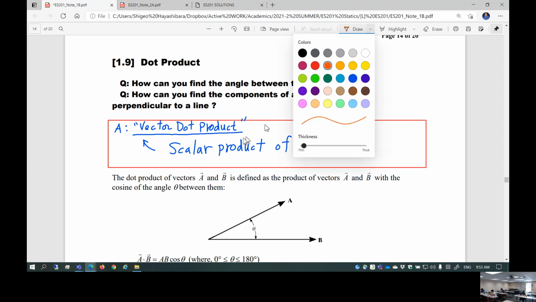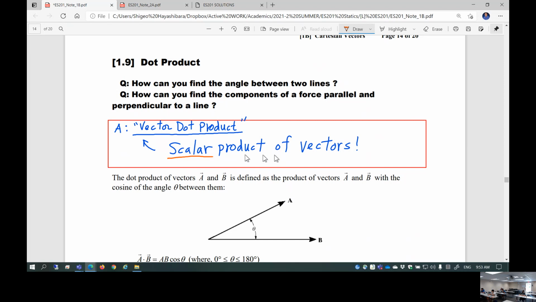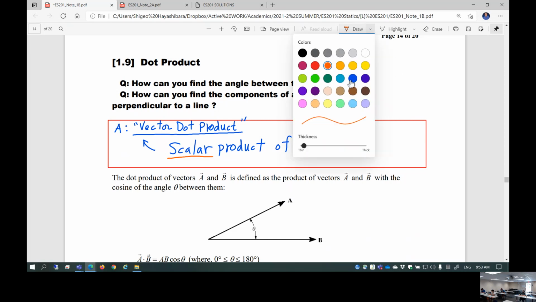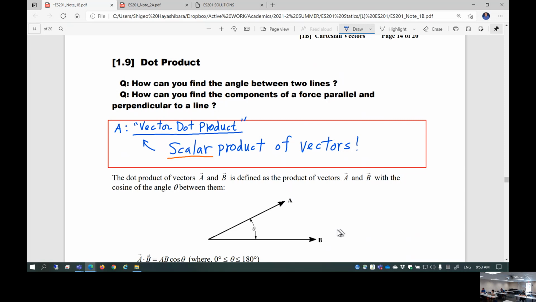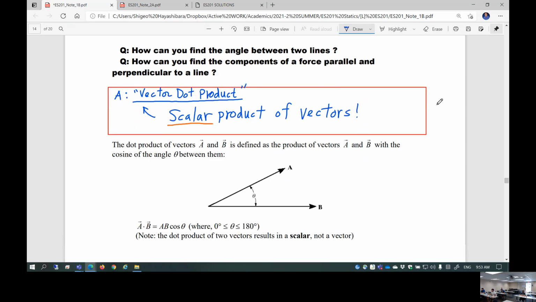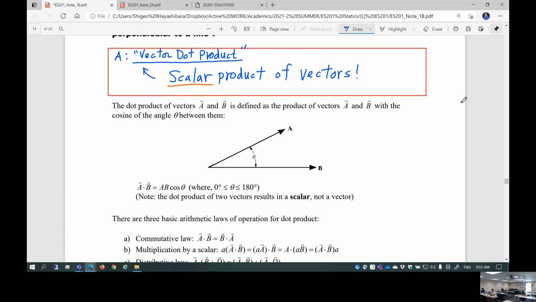Let me underline that: scalar. So the result is always scalar. Oftentimes upper division students forget about that fact. When you construct an equation using vector dot product or vector cross product, which you will see later, if you do a cross product, the result is a vector. If you do a dot product, the result is a scalar.